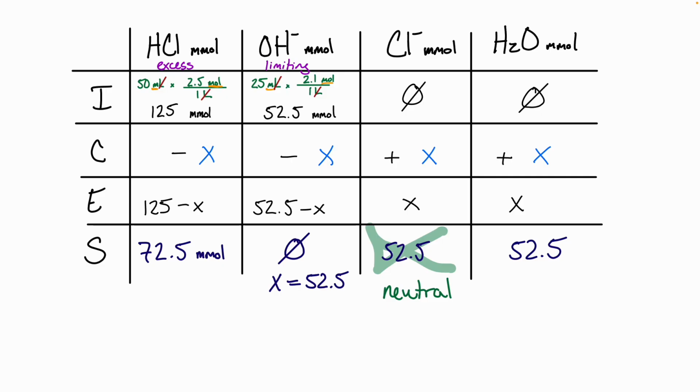And water also created, but not going to influence the pH of our solution. Neutral. So the only thing that I care about that I'm left with here is my excess strong acid. So how do we calculate the pH of this solution? It's a strong acid, right? So the concentration of strong acid is going to be equal to that hydronium concentration.